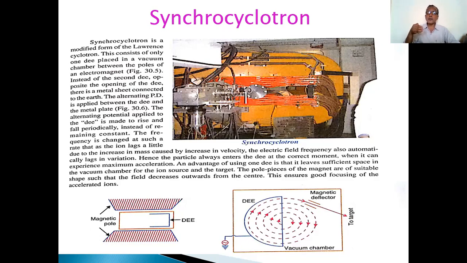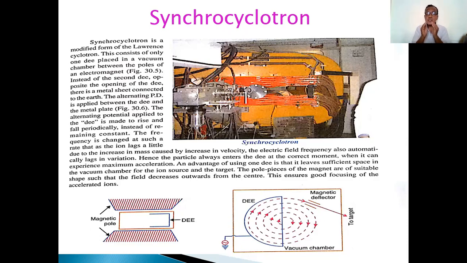The alternating potential difference is provided with the help of the frequency oscillator between the one D and that metal plate.